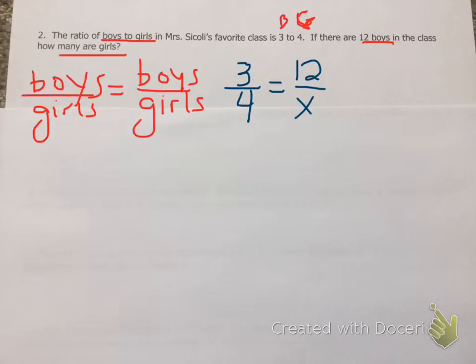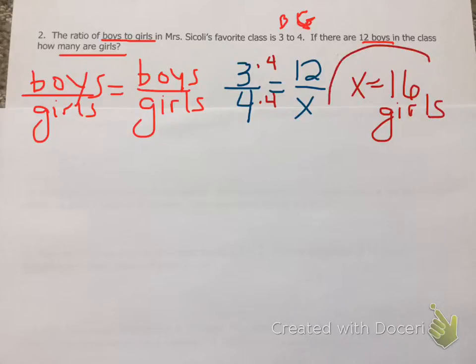There's your proportion. Okay, these numbers are nice and small, so I'm going to use the multiplication method. 3 times 4 is 12, so 4 times 4 is 16. So x equals 16, and I'm going to label that girls. Okay, it's also a good idea on word problems to always make sure your proportion makes sense.